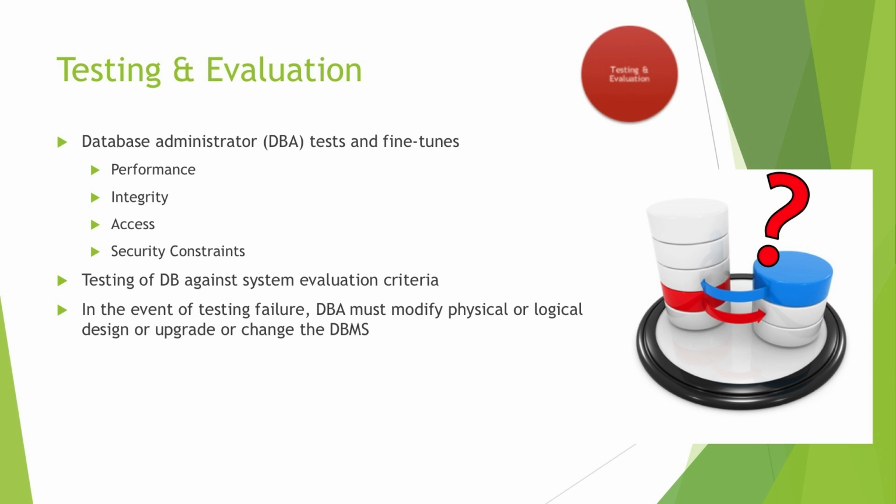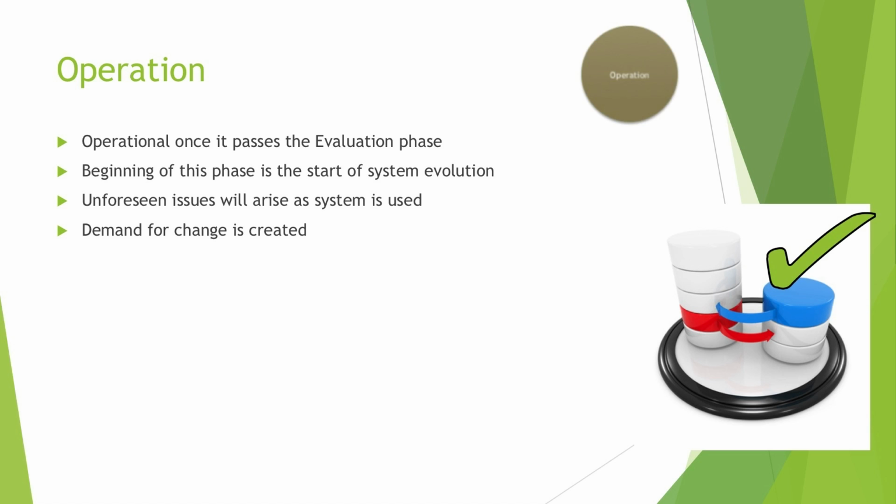In the event of a testing failure, the database administrator must modify the physical or logical design, or upgrade or change the database management system that's going to be used. Once the database passes the evaluation, it can move from that phase into the operation phase.